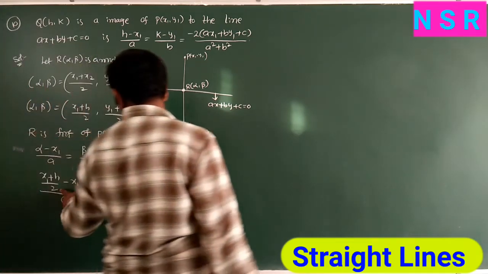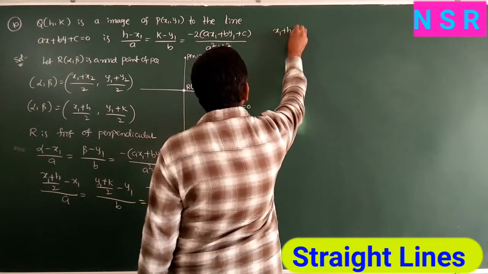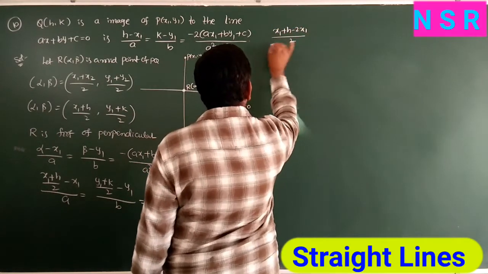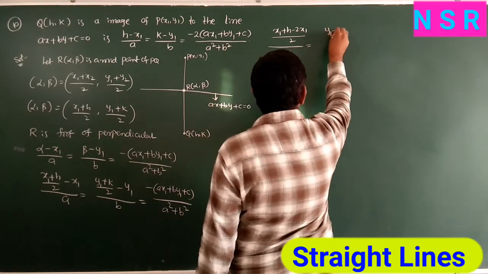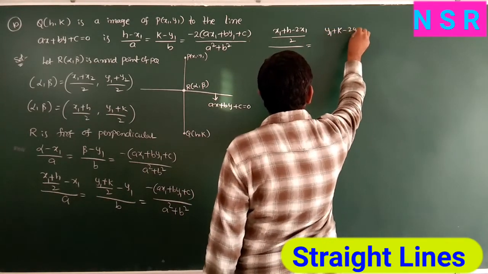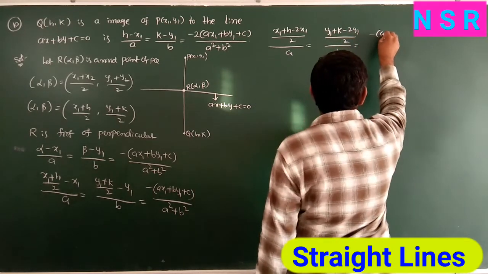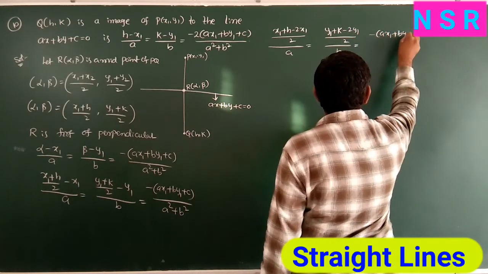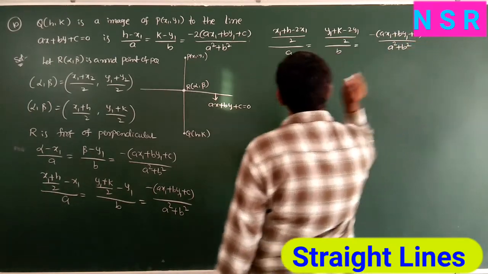So here the LCM is 2, 2x1: x1 plus h minus 2x1 by 2 by a, and y1 plus k minus 2y1 by 2 by b is equal to minus of ax1 plus by1 plus c by a square plus b square.